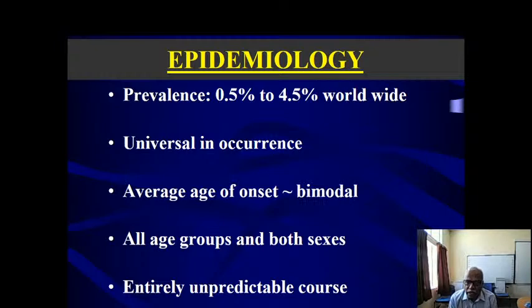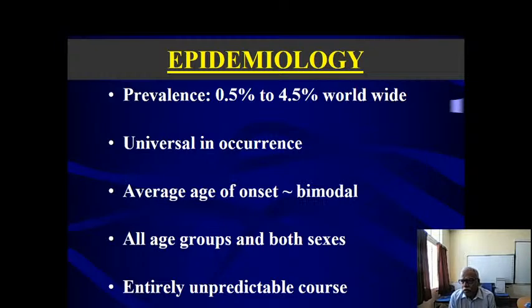And if you consider the age, it's bimodal, just like diabetes mellitus. That means it appears early in the age group or late in the age group. Any disease process which occurs early in age, whether it's diabetes or psoriasis, has a bad prognosis because the patient has to suffer for longer periods of time, so he is exposed to all types of complications.